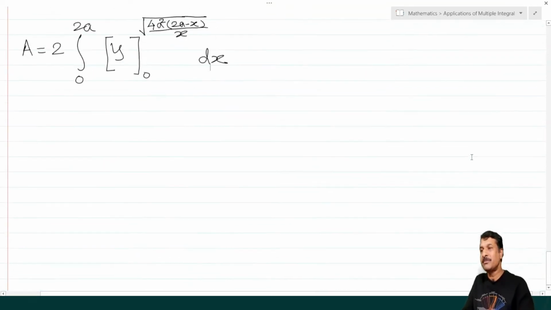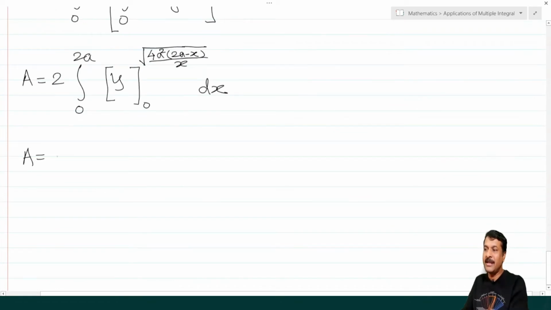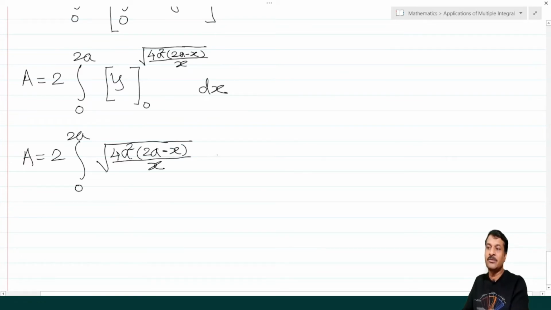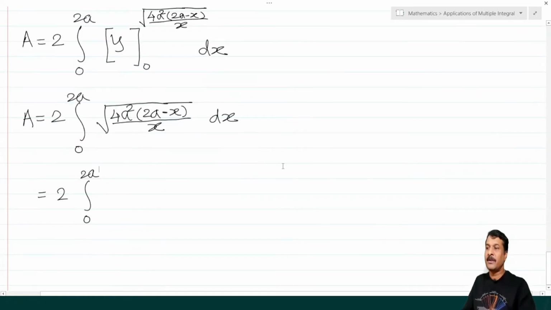Now simplify here. The area A equals 2 times the integration from 0 to 2a of the square root of 4a squared into (2a minus x) upon x, whole thing under the root, dx. The square root of 4a squared is 2a, and under root means power half.